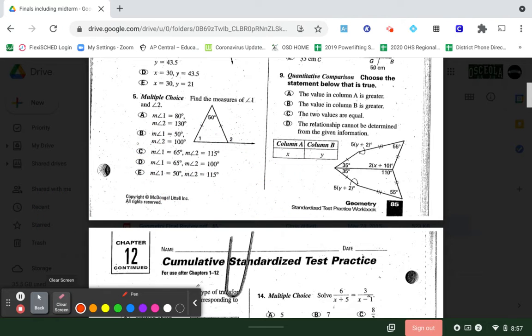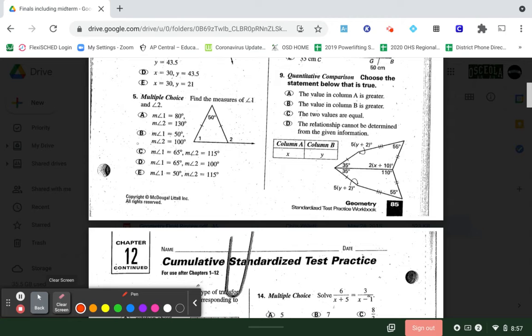All right, now we're looking at number 9. Choose the statement below that is true. A is greater. B is greater. The two are equal, and the relationship cannot be determined. So we're looking at X and Y. I wonder if we can figure out what X and Y are.